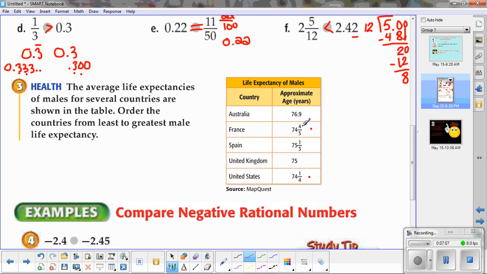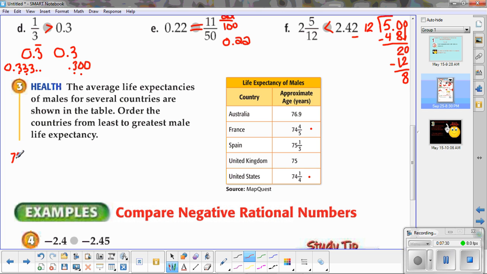And while I could change the 4/5ths to a decimal and the 1/4 to a decimal, I also know just by looking at it that this one right here is the smallest, because 1/4 is less than a half and 4/5ths is more than a half.